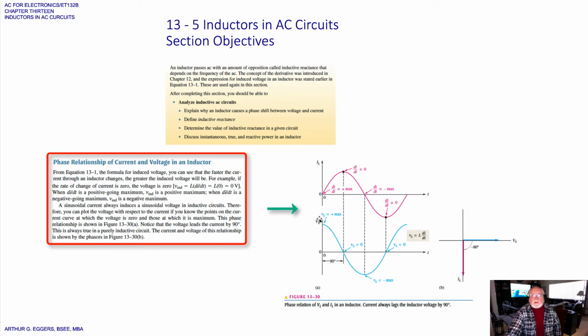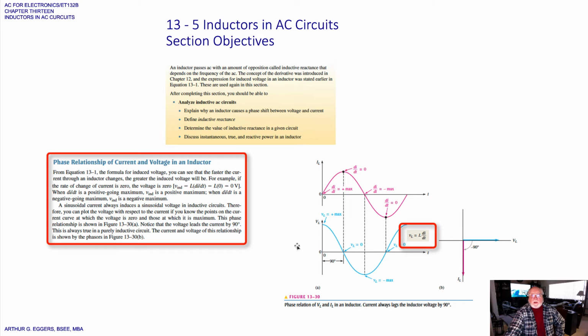You can see just from a quick inspection the difference between the current waveform and the voltage waveform. We can already see that we have a phase difference between the two. With the formula we previously introduced for induced voltage, we can see that the faster the current through an inductor changes, the greater the induced voltage will be.